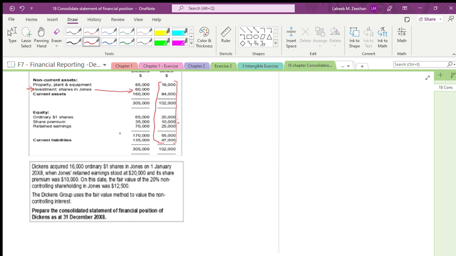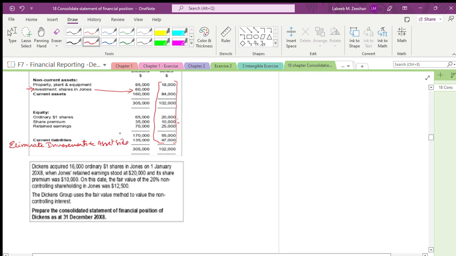Once you have acquired the company, what will you do? You will eliminate. I will write here: eliminate investments. On which side? On the asset side.